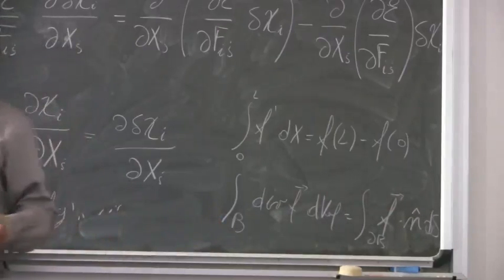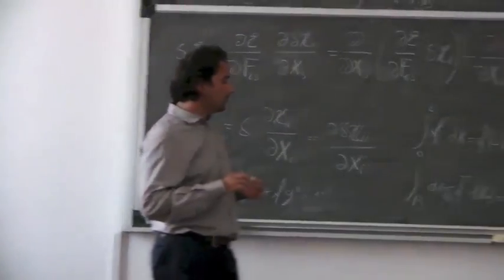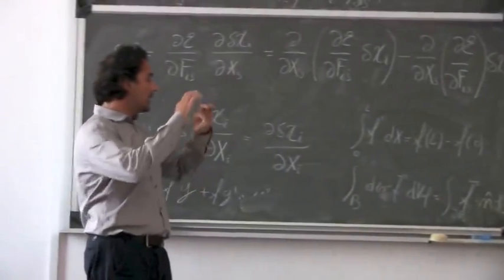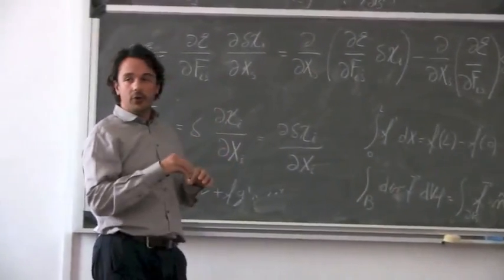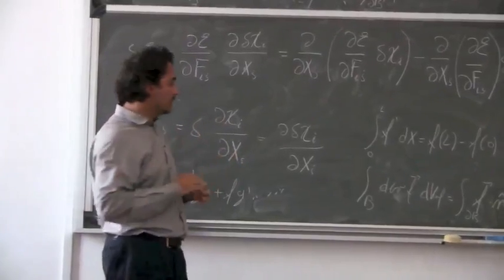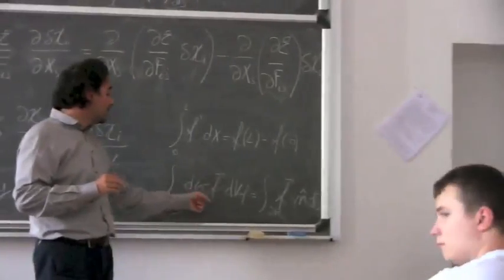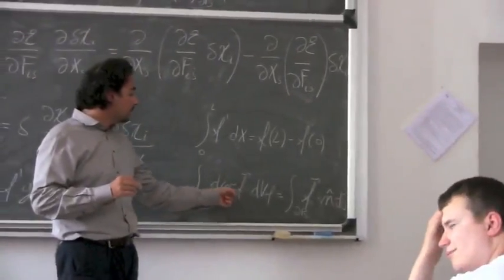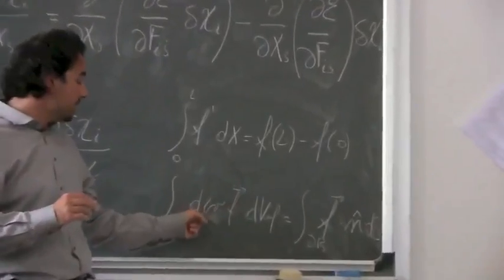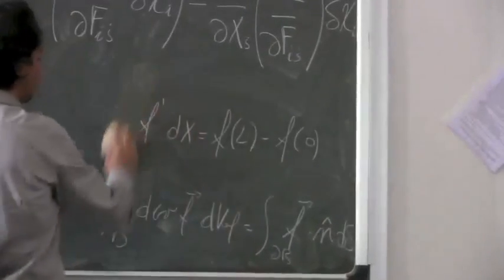It is a very important tool in continuum mechanics because you can transform an integral over a volume into an integral over its surface, if the integral over a volume can be written as the divergence of a vector. What is the divergence of a vector?